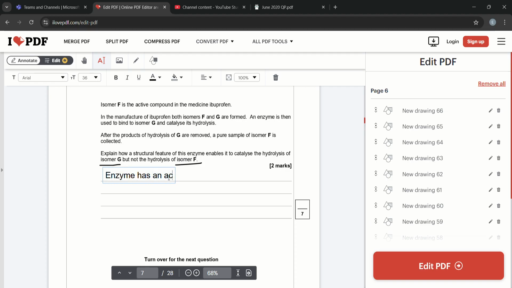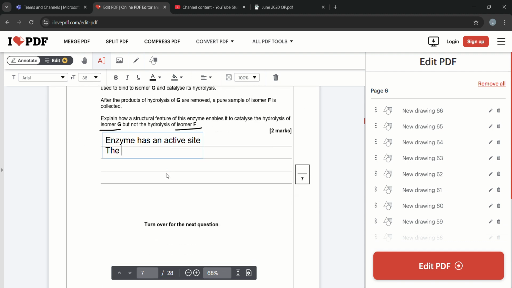Enzyme has an active site, and the enzyme has the complementary shape for the G enantiomer.